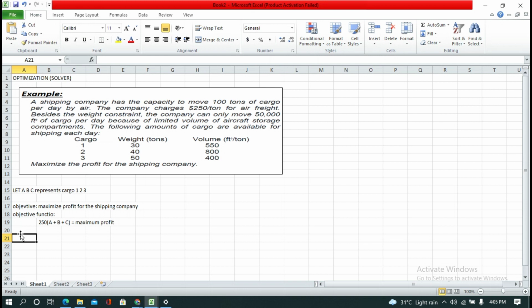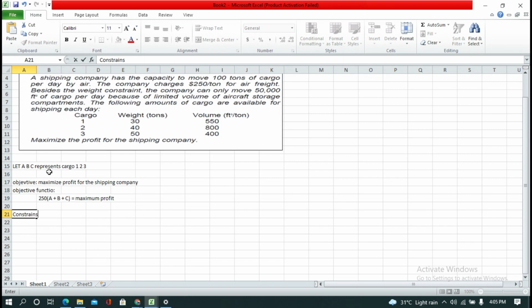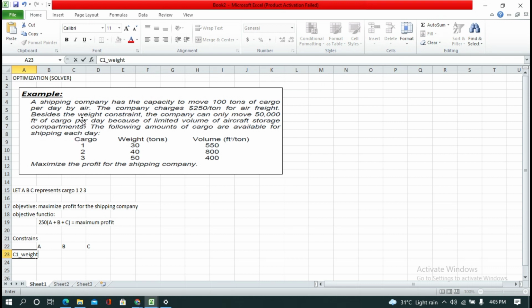So next, we need to establish our constraints. So we set here A, B, and C. Okay, copy this A, B, and C. So our first constraint, C1, is weight. Based on the problem, it says that a shipping company has the capacity to move 100 tons of cargo per day by air.